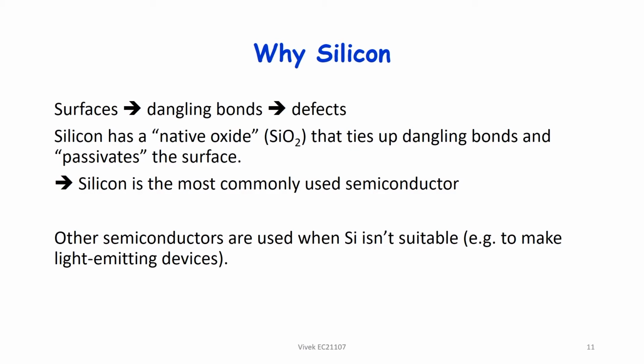Why do we see that silicon is most prominent for most technology, for the devices that we see here? First of all, it is easily available. Silicon dioxide is sand, you can find anywhere, right? But another interesting thing is about the native oxide. Now, what is the role of native oxide?